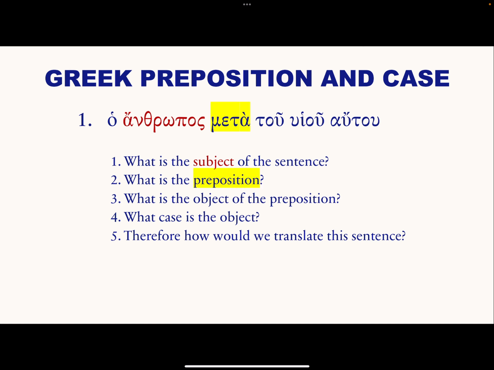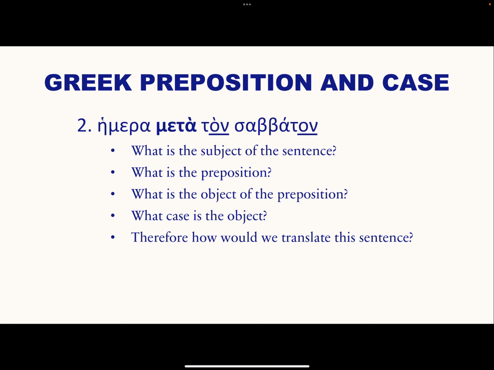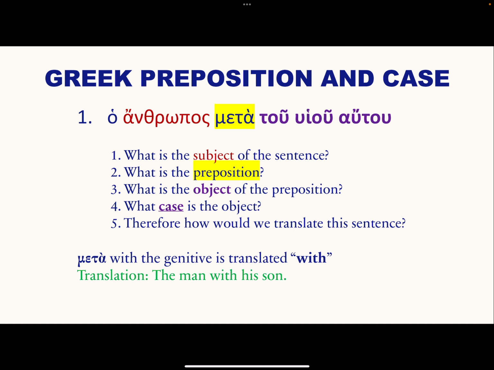Meta is our preposition. And then we've got the object of the preposition, tu huiu autu. Again, we can see that this is in the genitive case. Huios, huiu, huio, huion: nominative, genitive, dative, accusative. So this is in the genitive case.